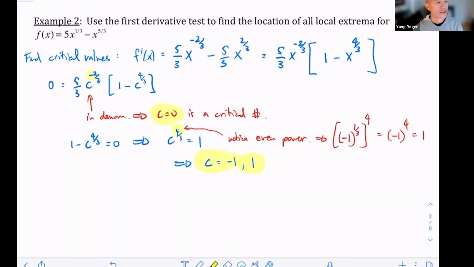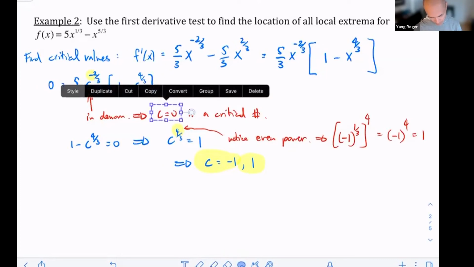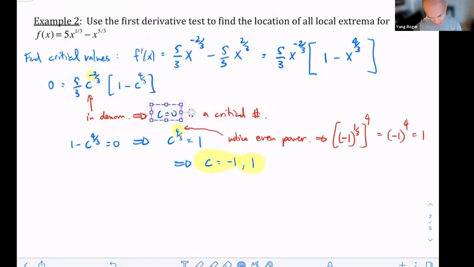Does anybody have any questions on them? How did you get negative 1 and 1?